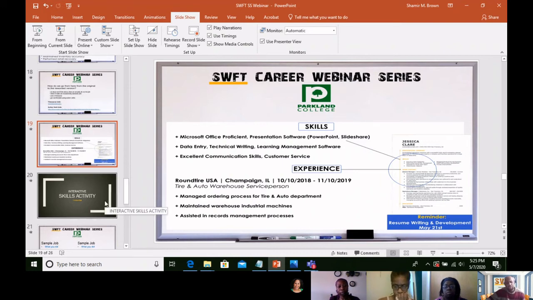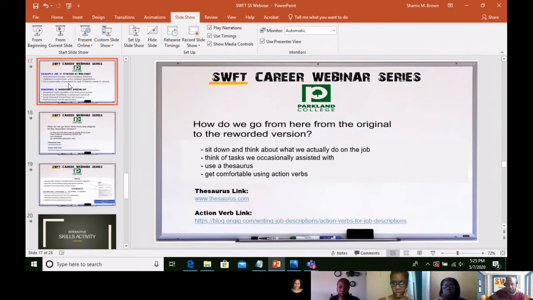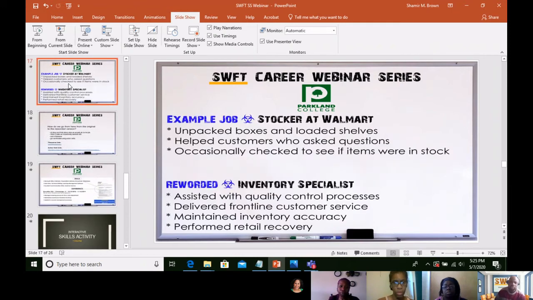What I want you all to do now is take a look at that job rewording that was done just above. Let's go with the current job you have now or the job you have most recently held, and come up with a reworded way of laying it out on paper. If you want to use the same job title because you feel it's professional enough, that's more than fine.